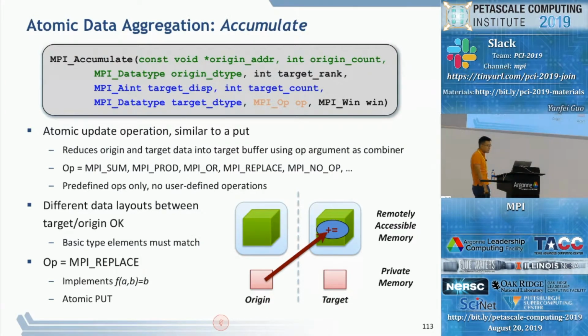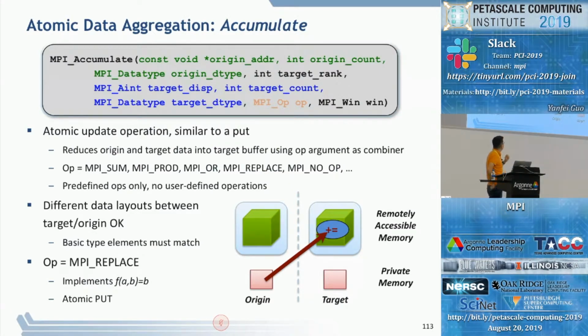So basically this reduces the origin data and the target data and then writes into the target buffer. Apart from the arguments that describe the origin buffer and the target buffer, we have an MPI op, which is the same op argument that you use in the collective reduces. So we have MPI sum and others.